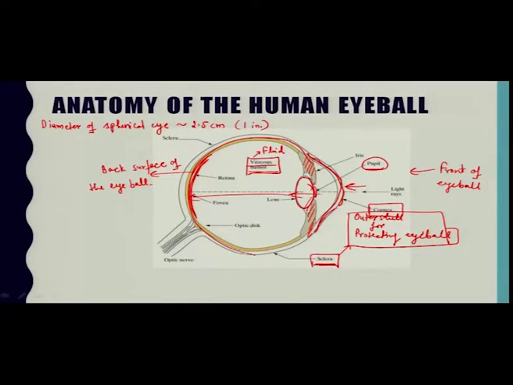So if we write it as a definition, that capacity of the eye lens to make focusing adjustment is known as accommodation.